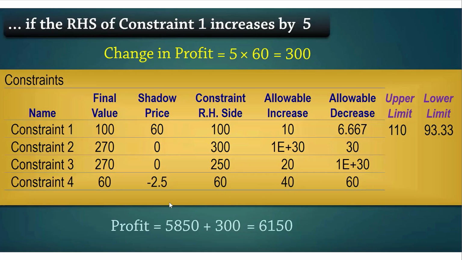This is the new profit if we change the right hand side for constraint 1 from 100 to 105, so the profit will increase by 300. So the new optimal solution will be 6,150.